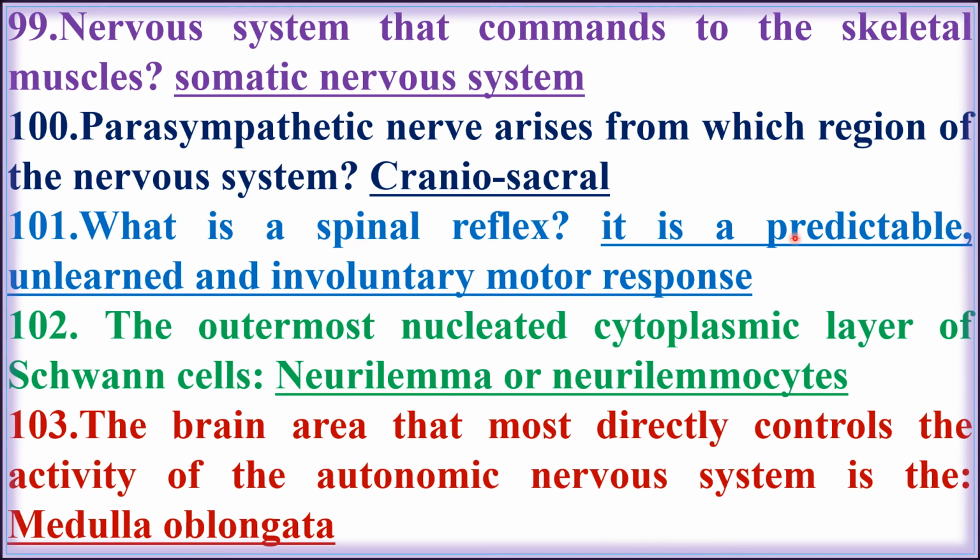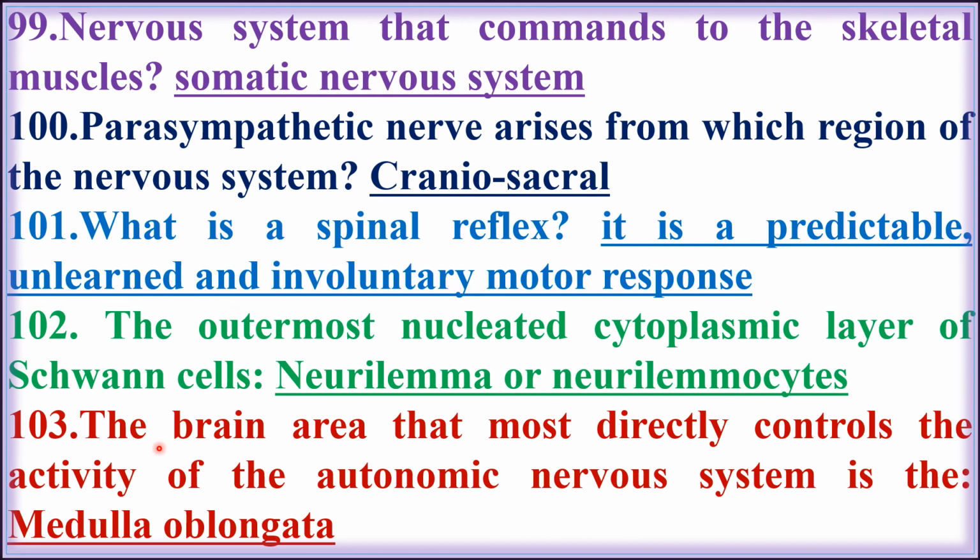It is a predictable, unlearned and involuntary motor response. Next, the outermost nucleated cytoplasmic layer of the Schwann cell is called the neurolemma or neurolemmocytes.